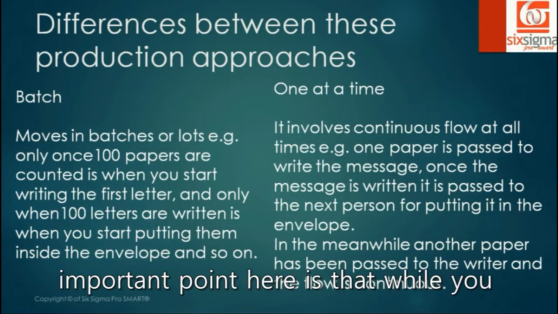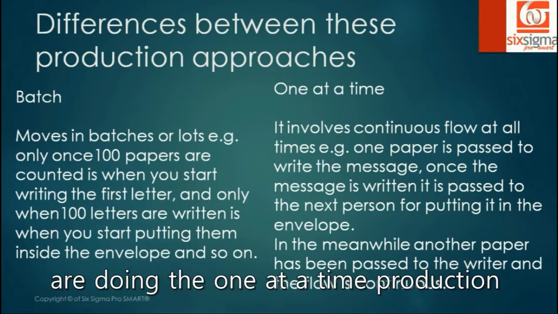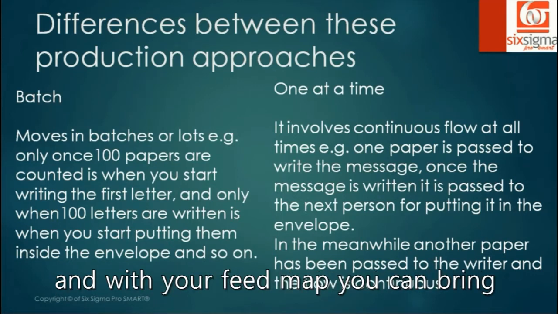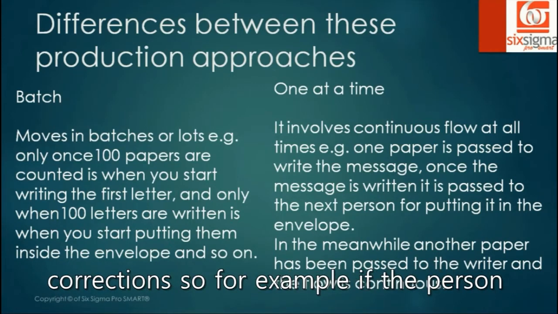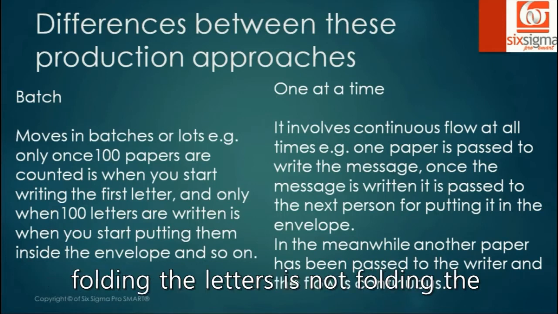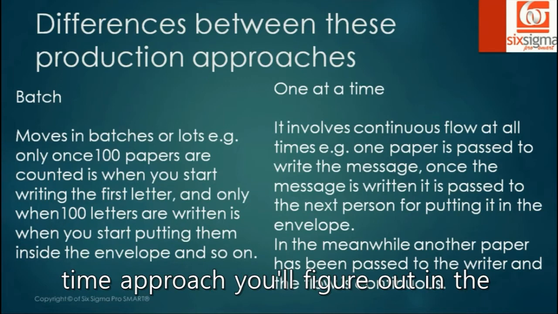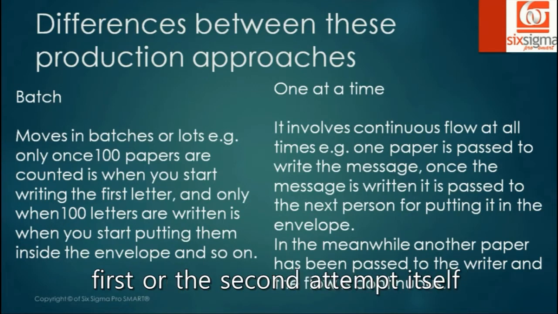Another very important point here is that while you are doing a one at a time production, you will be easily able to catch defects, and with your feedback you can bring corrections. So for example, if the person folding the letters is not folding the letter properly, in case of a one at a time approach, you'll figure out in the first or the second attempt itself.